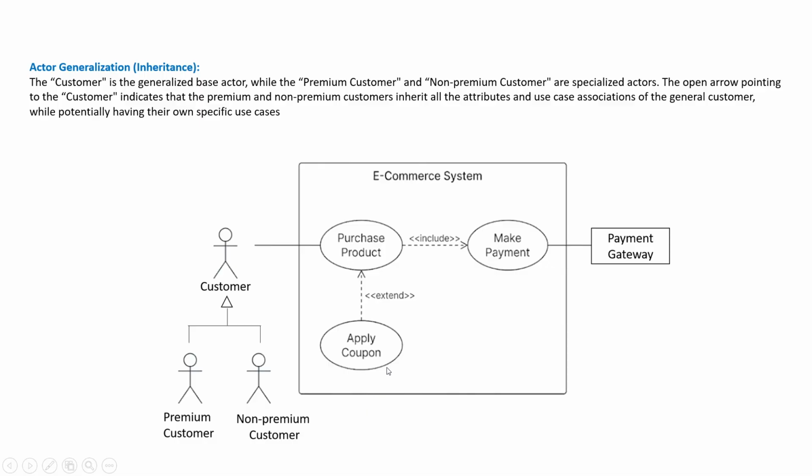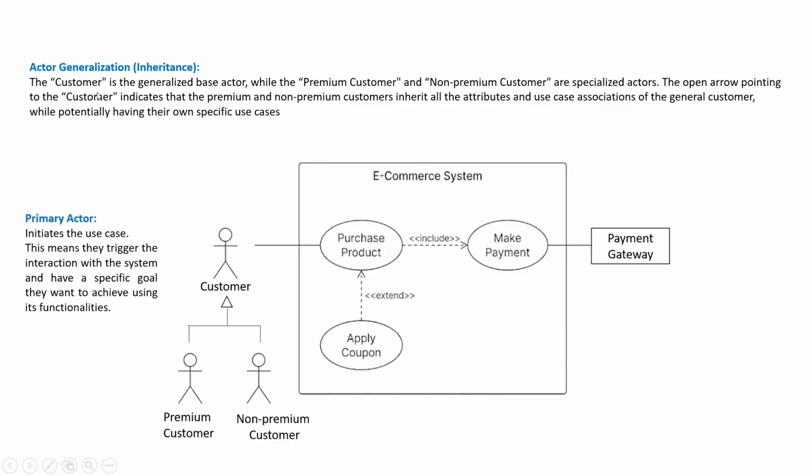Then we would have a use case inside here, and we would only link the non-premium customer to it. So the non-premium customer and the premium customer still have the same properties and access to the same actions as the customer, but they can each have their own specific use cases unique to each other that the other one can't have. Okay. So that is known as actor generalization and inheritance.